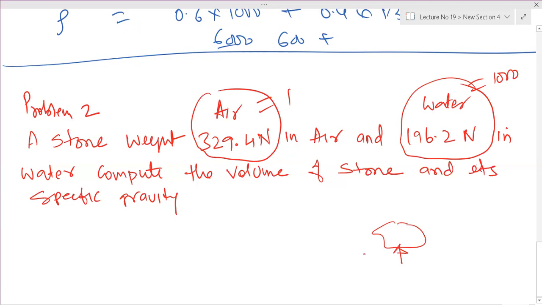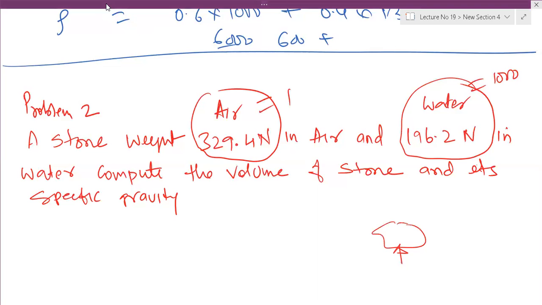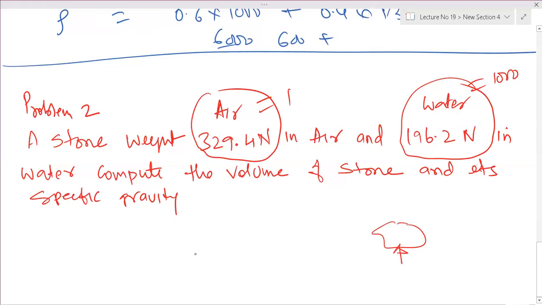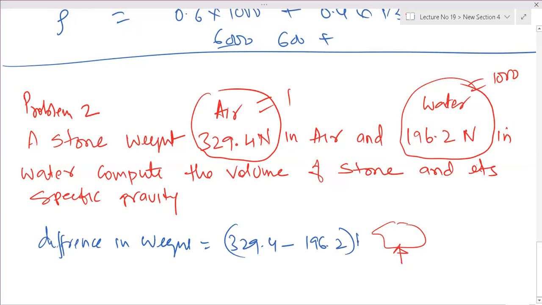So what is the difference of weight? The difference of weight is due to buoyancy, right? The difference in weight is equal to 392.4 minus 196.2. So this is the difference in weight, and that difference is due to buoyancy force.